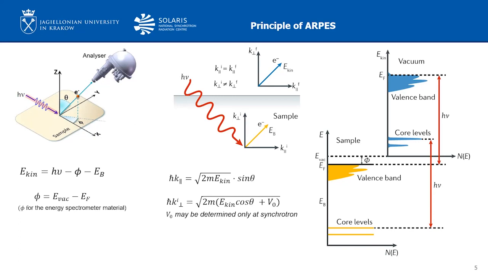Energy and momentum of the electron inside the sample are directly connected to those of the photoelectron by the conservation of the energy and momentum parallel to the sample surface.